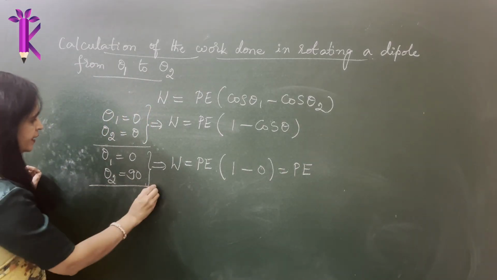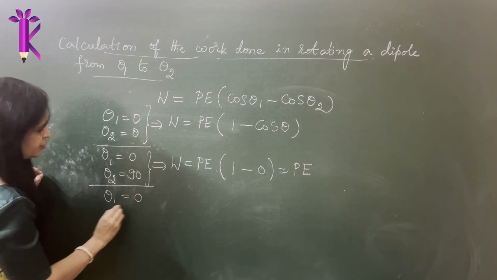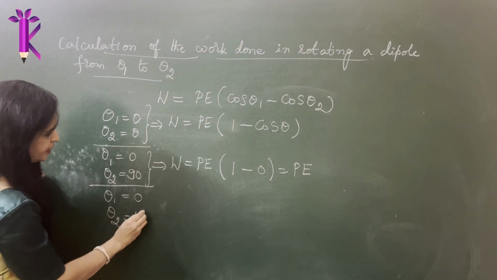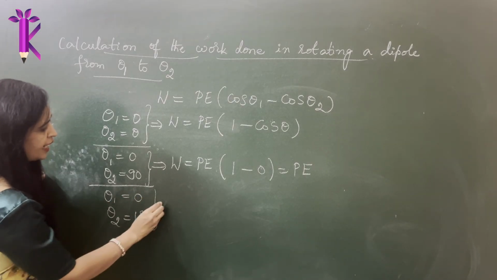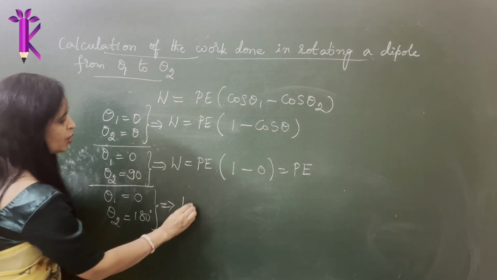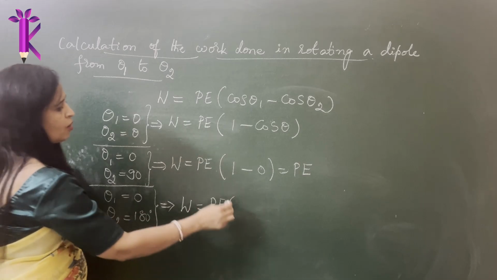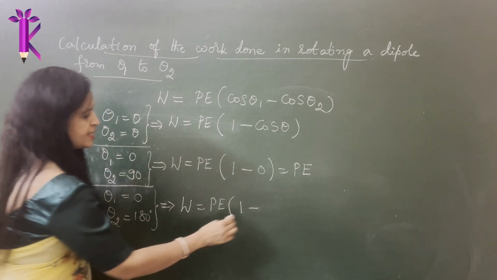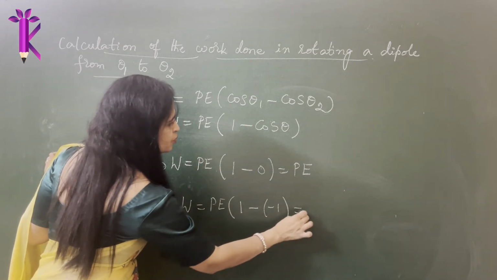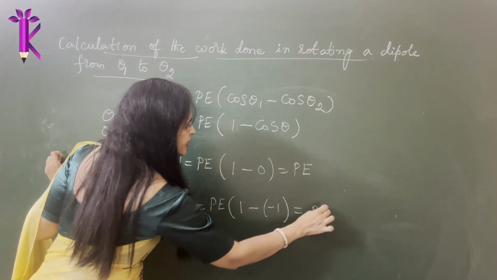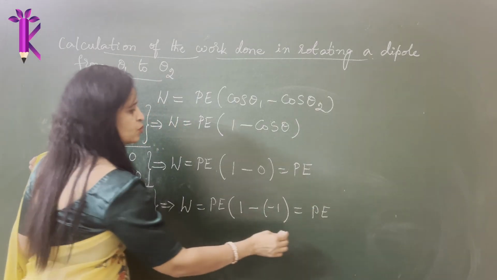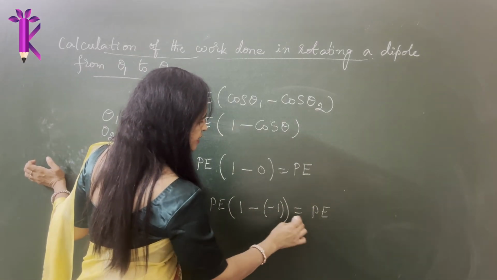This is the maximum when you rotate at an angle of 90 degrees. Now if theta 1 is equal to 0 and theta 2 is equal to 180 degrees, if you rotate it through an angle of 180 degrees, what will be the amount of work done? It is PE into, cos 0 is 1, cos 180 is minus 1. So minus of minus 1, 1 plus 1 is 2.